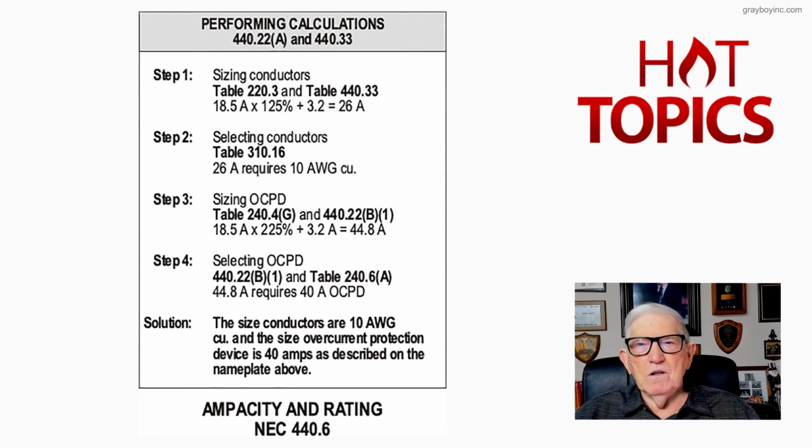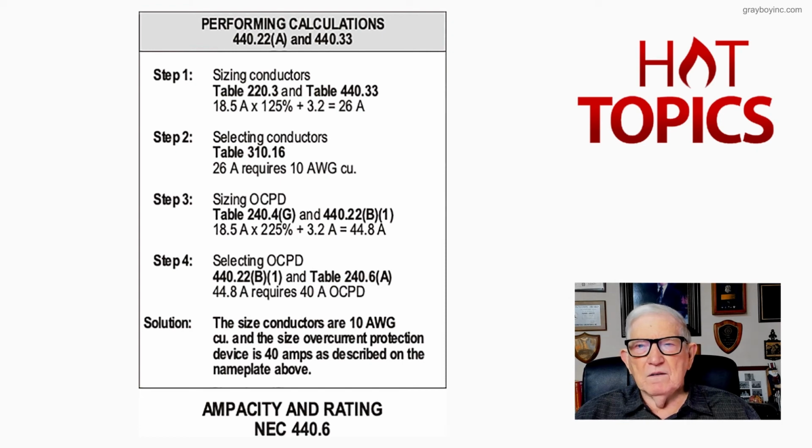So we're going to look at 440.22A and 440.33 that we just read and looked at. And we're going to look at 440.32 also. But now notice in step 1, it's table 220.3 that refers you over to this section to size the load for the conductors.